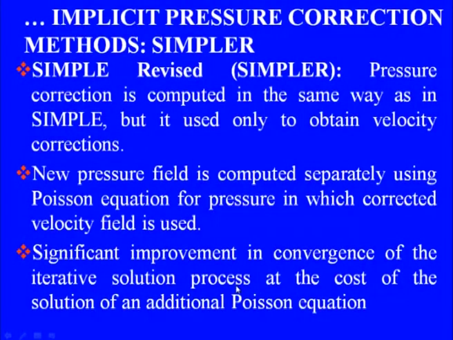There is a significant improvement in convergence of the iterative solution process, but that comes at the cost of solving an additional Poisson equation. In SIMPLE we solved only one Poisson equation, the Poisson equation for pressure correction. In the SIMPLER algorithm we have to solve two Poisson equations, one for pressure correction and the other for the pressure field itself.